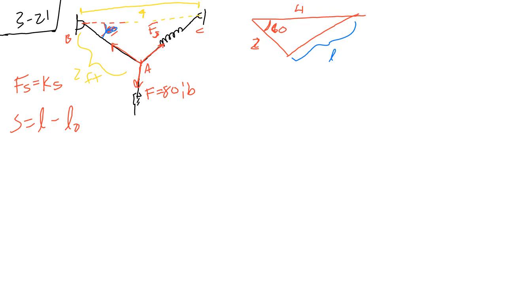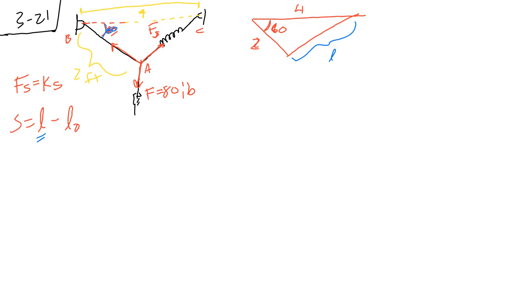So that looks like one of those times where we can use the law of cosines to solve for this side, right? Because we know the angle opposite that side, and we know the other two sides of that angle. So law of cosines, that doesn't give us the answer. That just gives us L, but that's good to know.